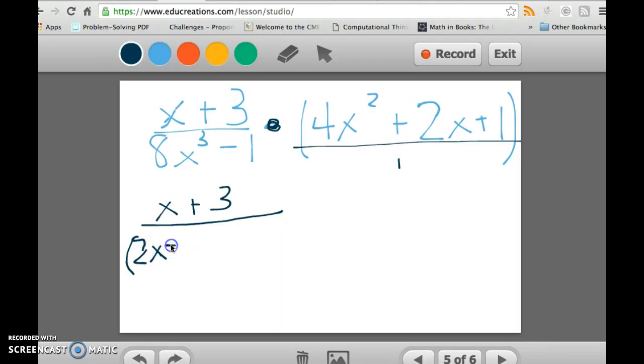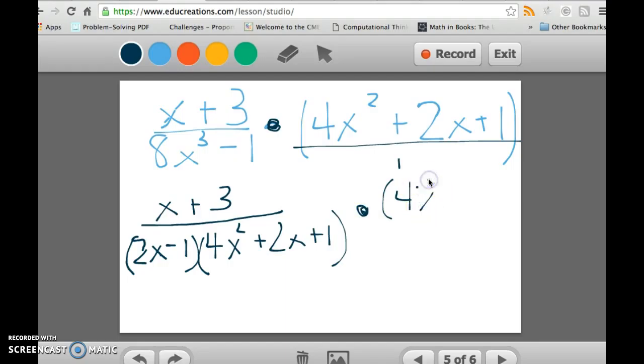It's 2x minus 1, and then 4x squared plus 2x plus 1. And this is all times, well, the exact same thing, as it turns out.